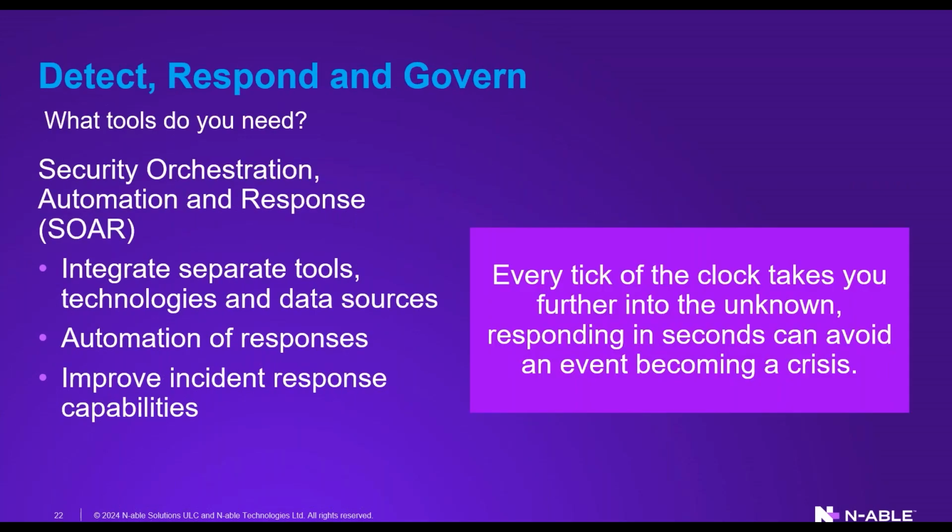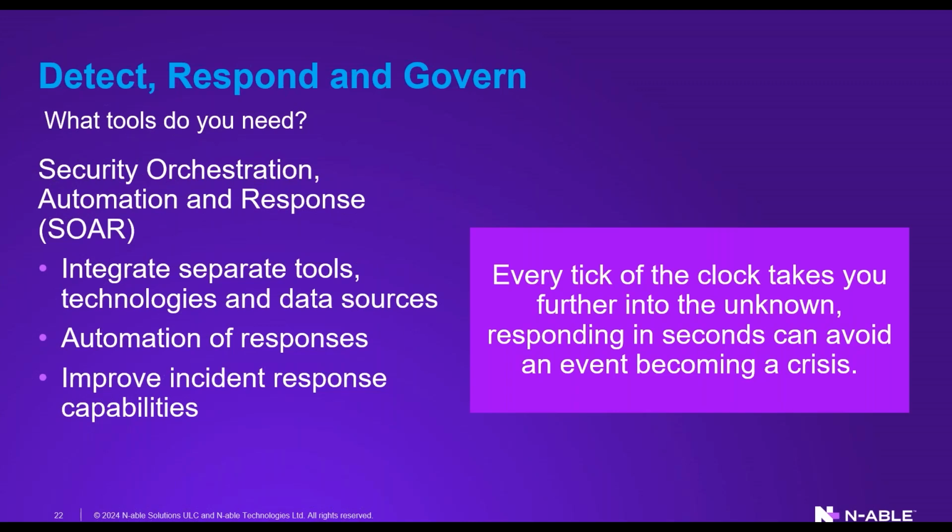The next part of what you're going to need to deal with what today's threat landscape is requiring of us, you need SOAR capabilities now. SOAR capabilities are just security orchestration, automation, and response. It comes in a bunch of different flavors. It's just another form of automation.